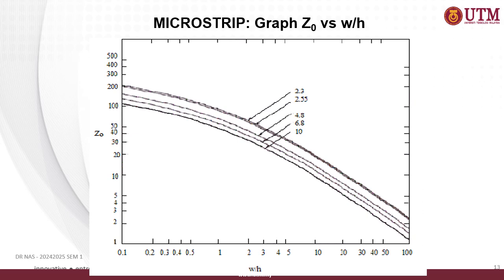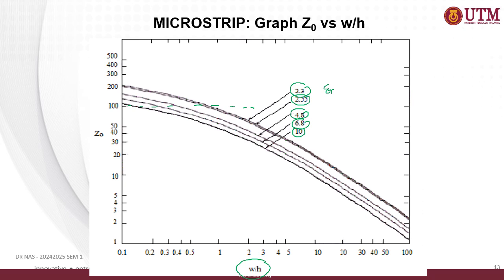Besides equation and calculation, you can also estimate the ratio of the width and the height, or the thickness of the substrate, by using a microstrip graph. It basically shows the relation between Z0 and the ratio of W over H. So once you know the characteristic impedance, for example 100, then you can estimate the ratio of W over H by knowing the epsilon, the relative permittivity of the substrate material.